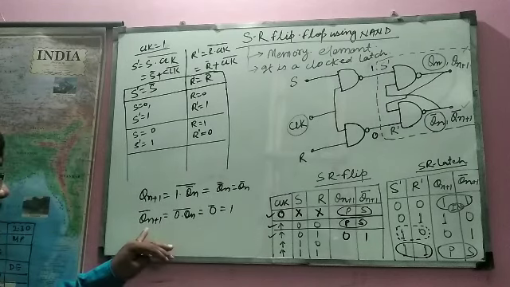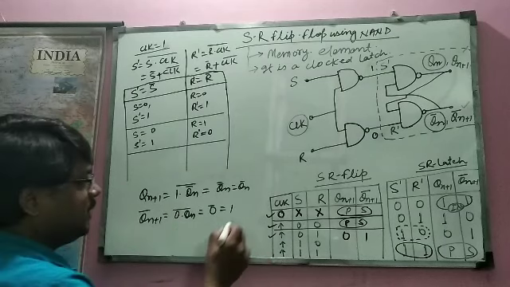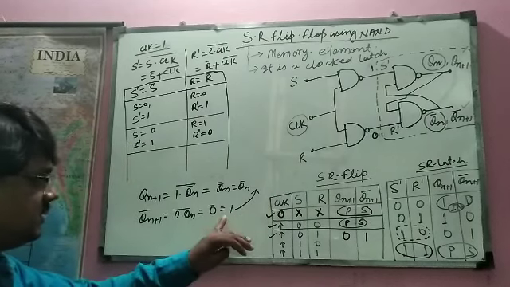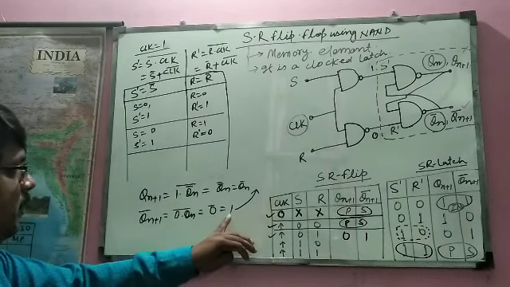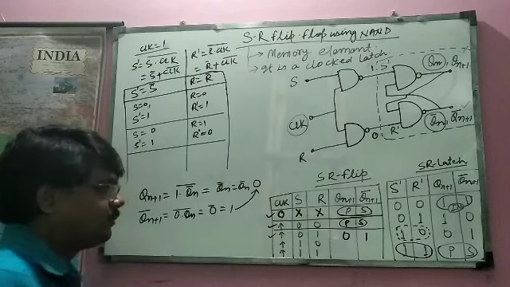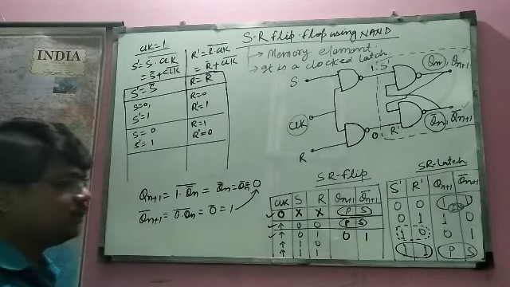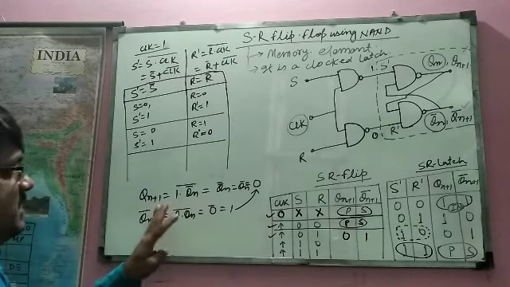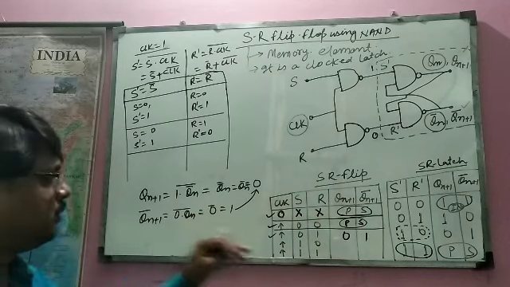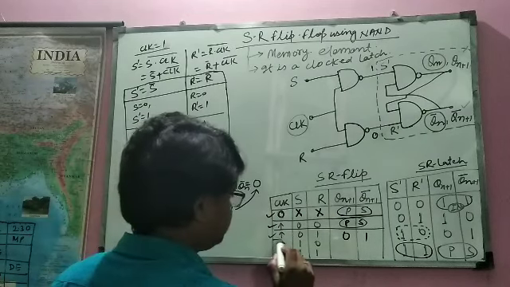If one of the inputs is 0 or 1, then the other will be changed accordingly. Since this Qn plus 1 bar is 1, Qn plus 1 will be equal to 0. Are you getting my point? So this is the case. Qn plus 1 is 0 now, and Qn plus 1 bar is 1.